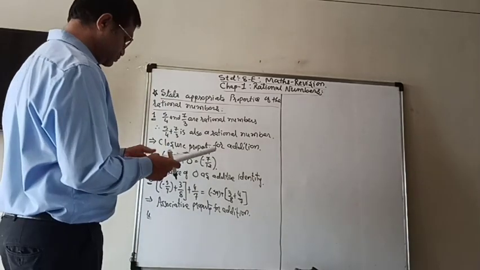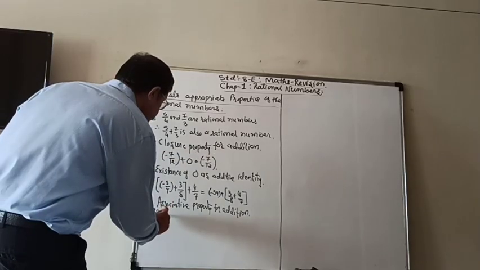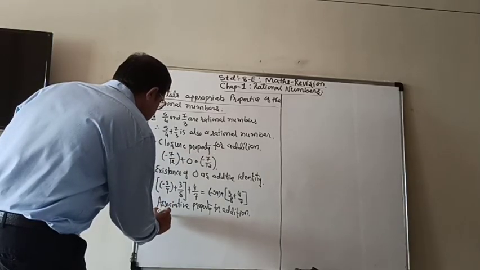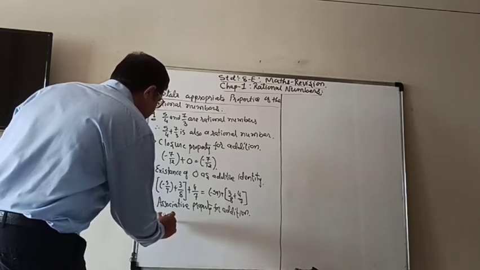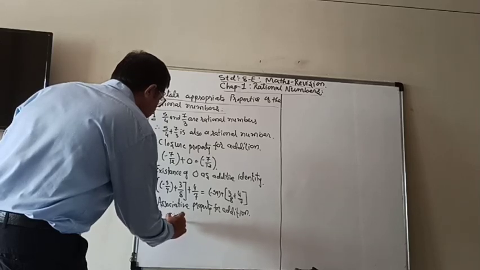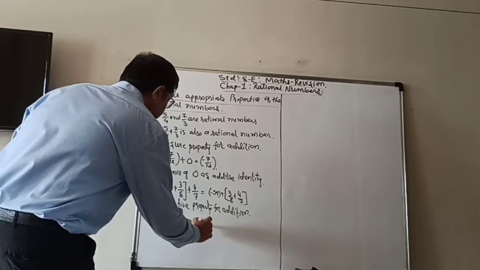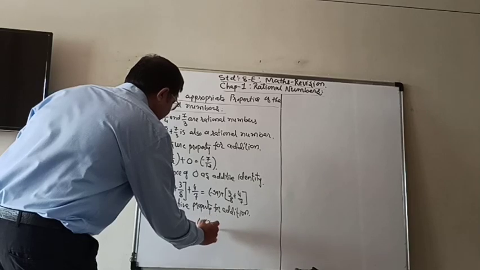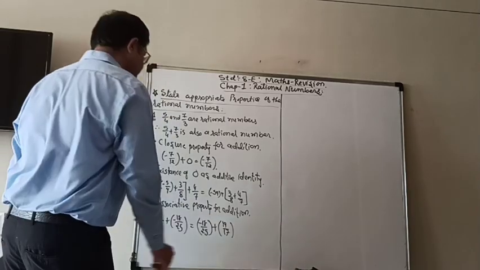Number 4. Nineteen upon 17 plus minus 18 upon 25 is equal to minus 18 upon 25 plus 19 upon 17.